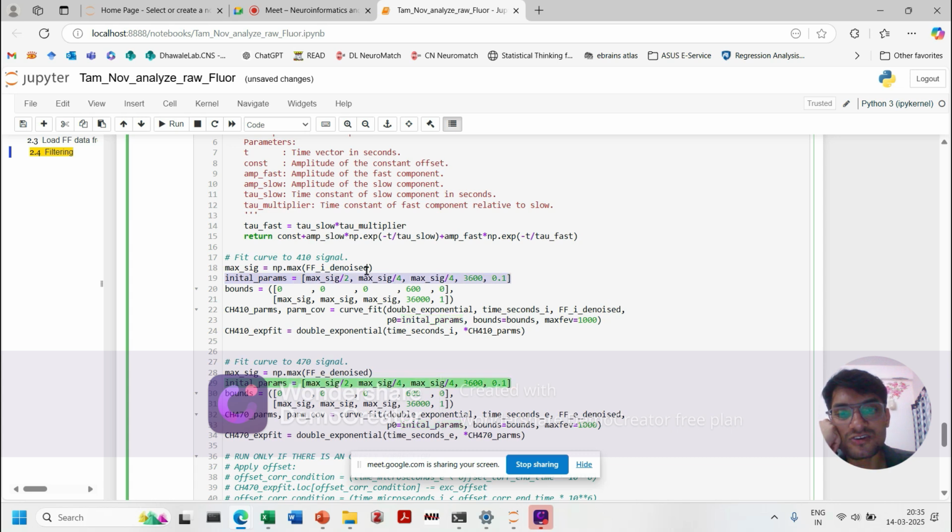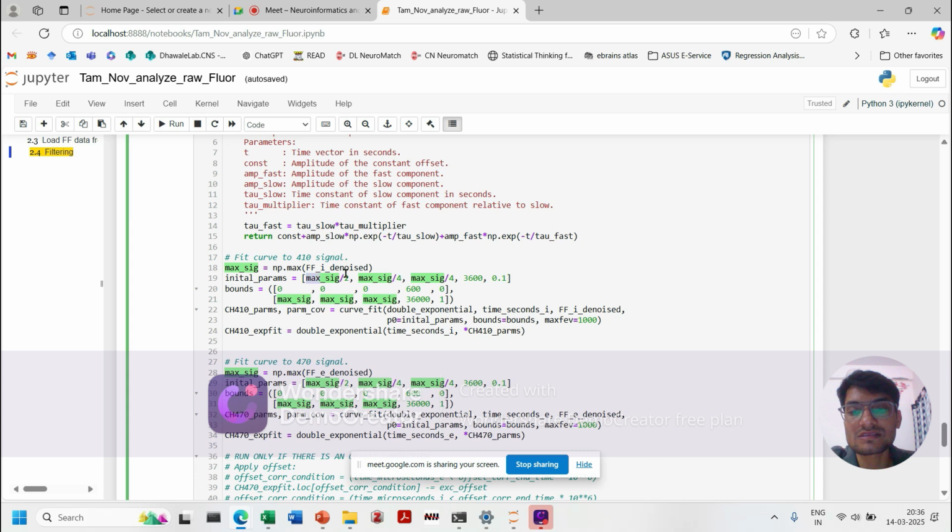So max signal by 2, max signal by 4, max signal by 4, like this is the time window. 3600 is the maximum time that I run my sessions for. So you should see what the initial parameters format is for this particular curve fit function, and that way you can give the initial parameters.